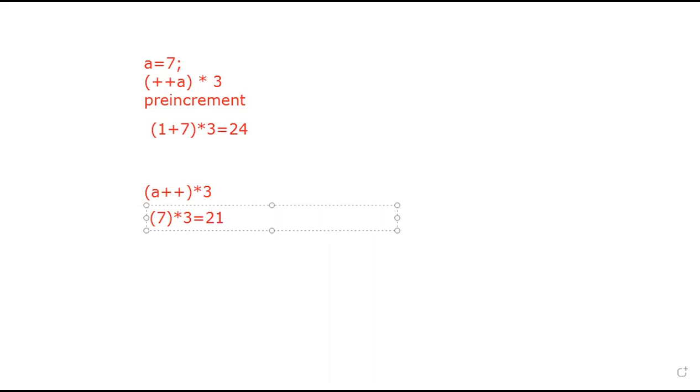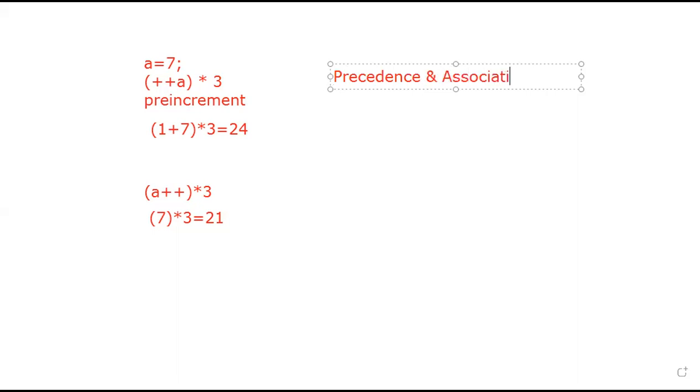So this is all about the increment and decrement operator. This kind of processing can be understood in more detail with the help of very important rules of the operators, called precedence rules, and you can also call them associativity rules.